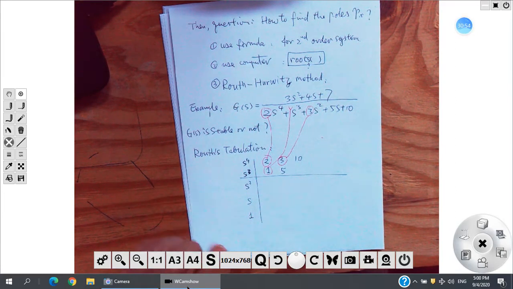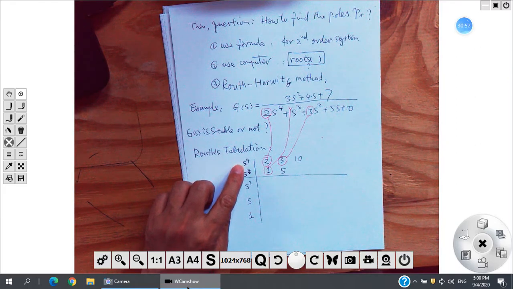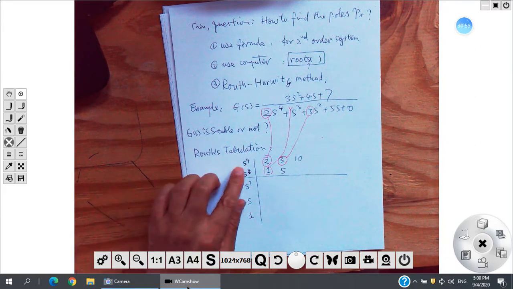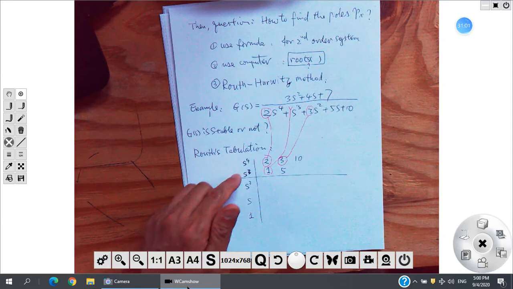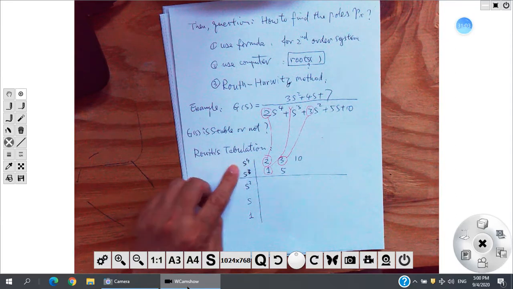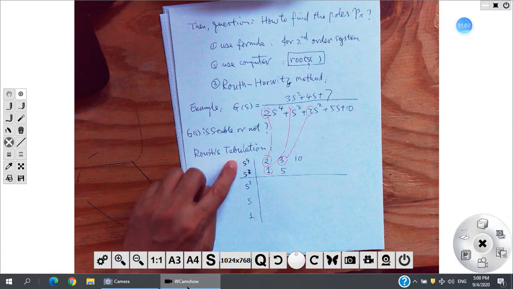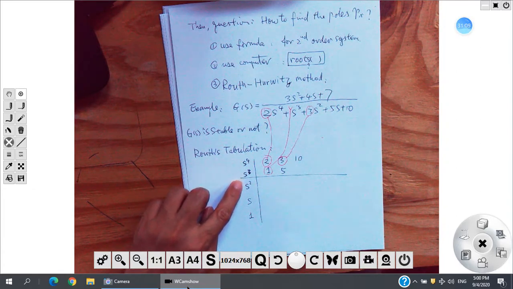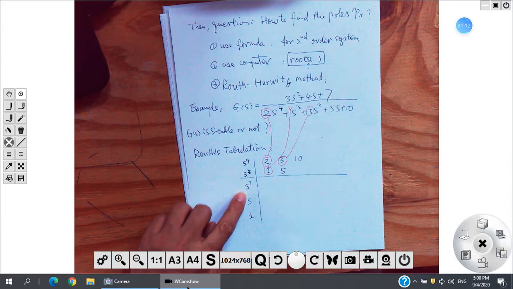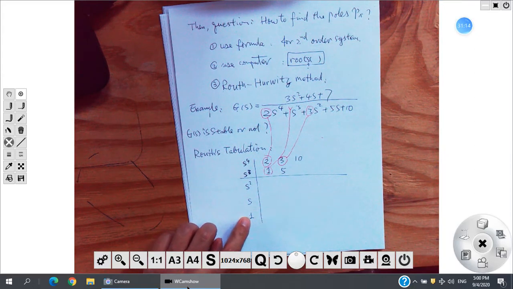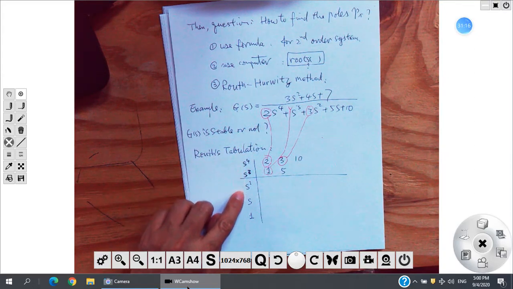For this example, we start from s to the 4th. It may be different, like s to the 10th or s squared. Then you reduce the power along this bar: s to the 4th, s cubed, then s squared, then s, then 1. 1 is s to the 0, right? So the order of s decreases 1 by 1.